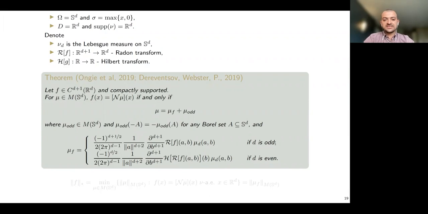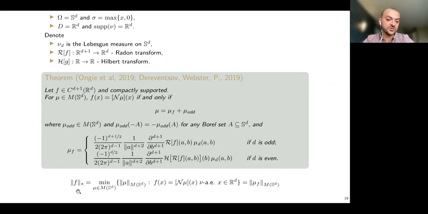So why is this theorem actually nice? It solves all possible representations of a function in the form of a neural network. Turns out the f star norm that we discussed was exactly the TV norm of this measure on S^d. So this really gives you the exact formula.